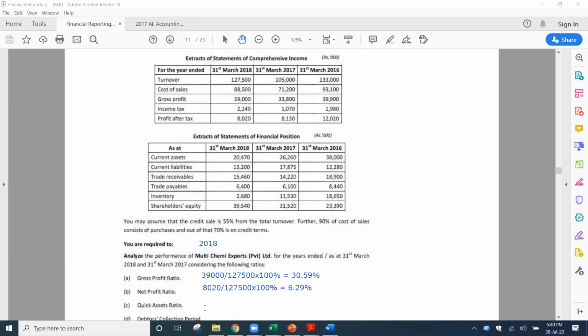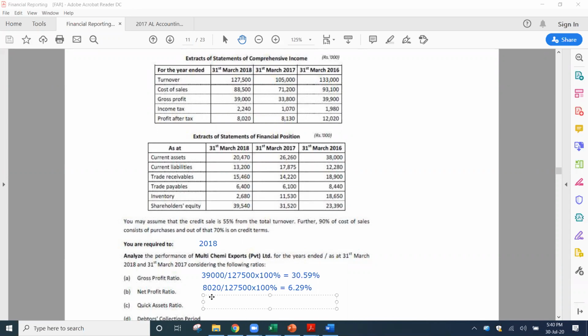6.29%. Then we have quick asset ratio. So what is meant by quick asset? We have current asset and quick asset. In the current asset, we take the total current assets. When you are calculating liquidity, the ability to pay your debt, if you have inventory, you can't pay with the inventory.